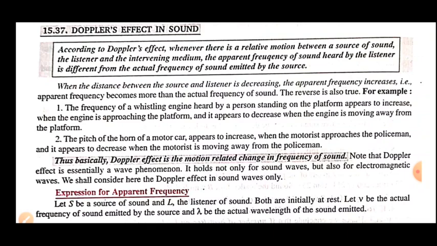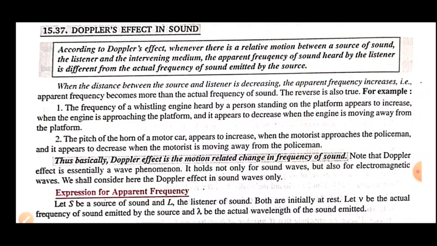Whenever you are approaching a sound system, you find the frequency of sound is increasing, and when you are going away from the sound system, it is decreasing. If the intervening medium, meaning the wind, is flowing in the direction of the sound, then we can hear it up to a greater distance.